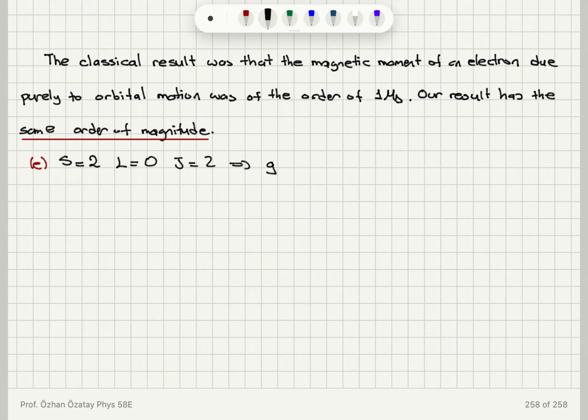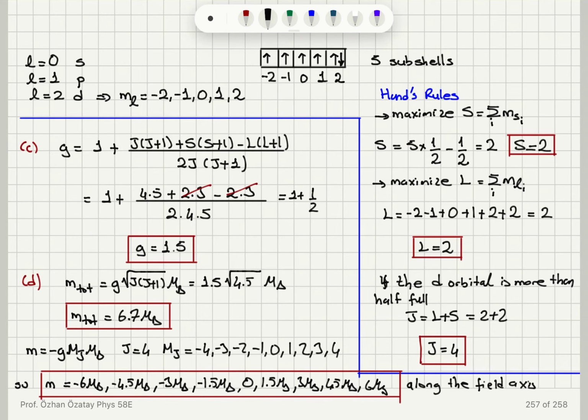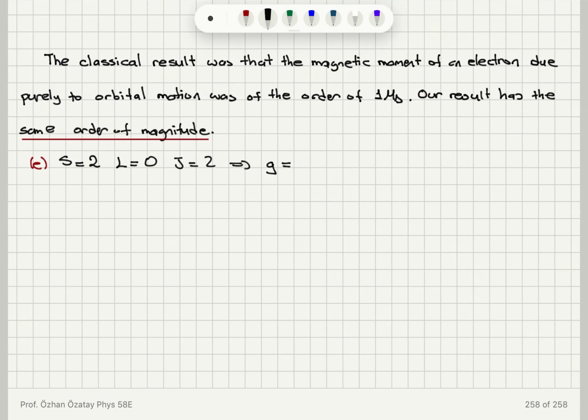Going back, if L is equal to 0 and J is equal to S, the g factor becomes 2S(S+1) divided by 2S(S+1)... so g will be 2. This is the spin-only g factor.